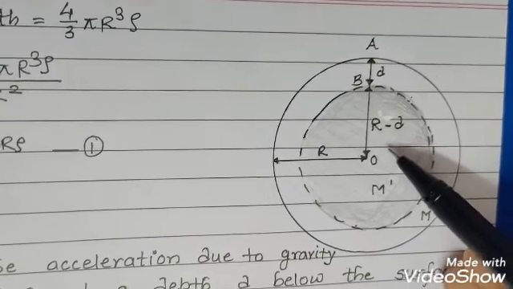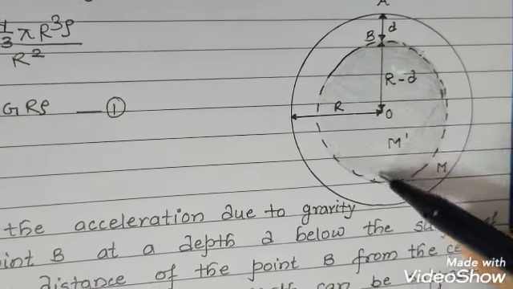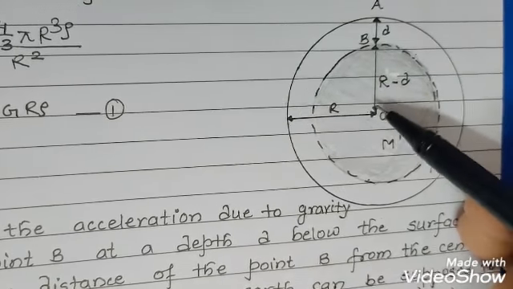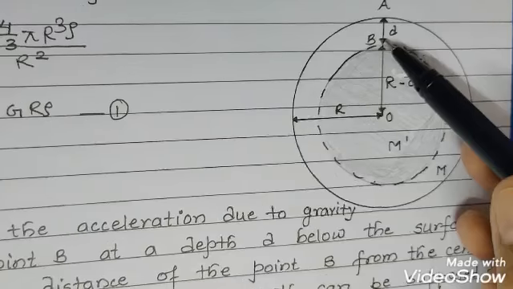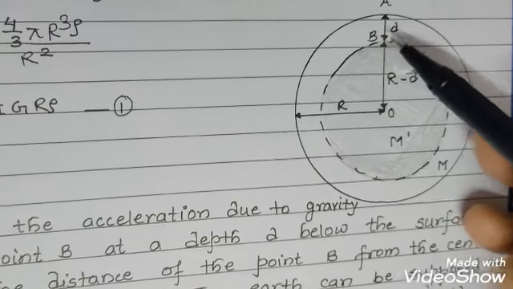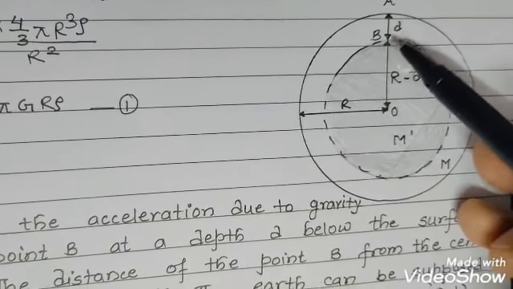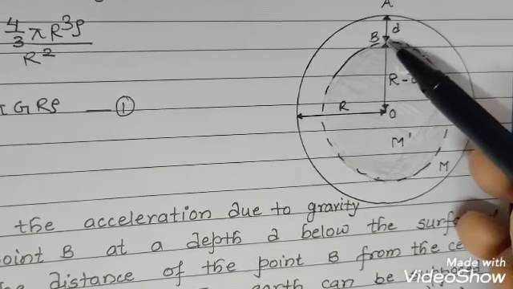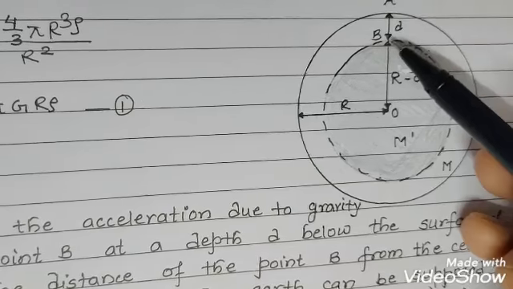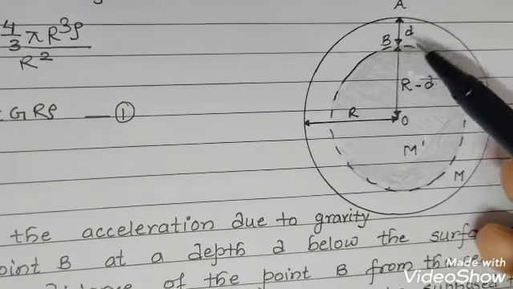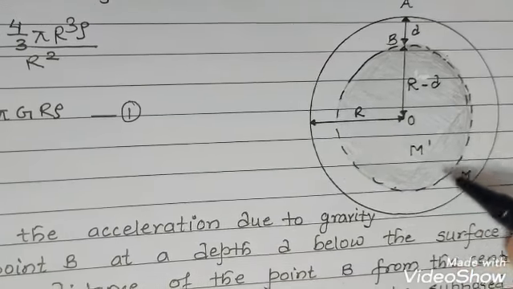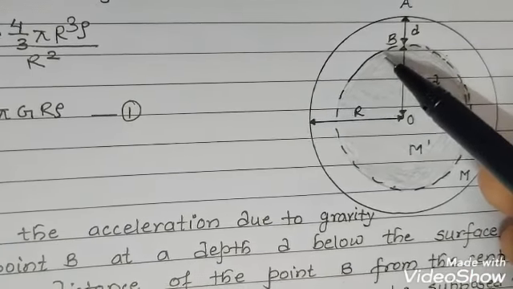So the earth can be supposed to be made up of a smaller sphere of radius r minus d, and the body at B is inside the spherical shell of thickness d. You can consider the force on the body. Now the force on the body of mass m at B is due to this smaller sphere of earth.